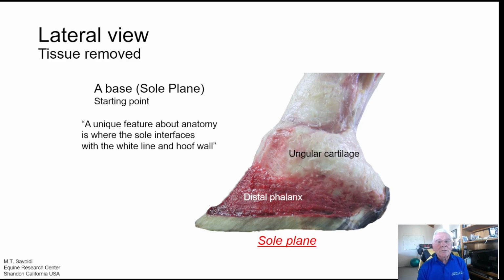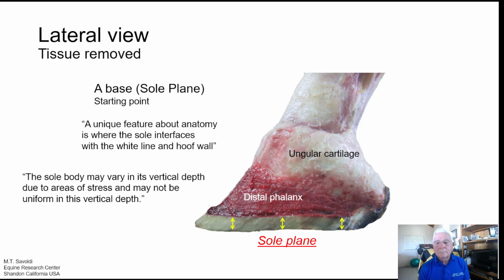A unique feature about anatomy is where the sole interfaces with the white line in the hoof wall. The sole body may vary in its vertical depth due to areas of stress and may not be uniform in its vertical depth. We will refer to this area and this area only as uniform sole thickness.